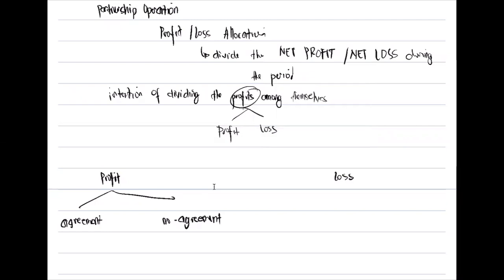Remember, guys, that a partnership is a contract. So inside that contract, maybe there is a stipulation or an agreement between the partners to divide the profit or the loss. That is what we mean by agreement. Maybe in the partnership contract, their agreement is there. So if there is an agreement regarding the profit, of course, what we do is follow the agreement.